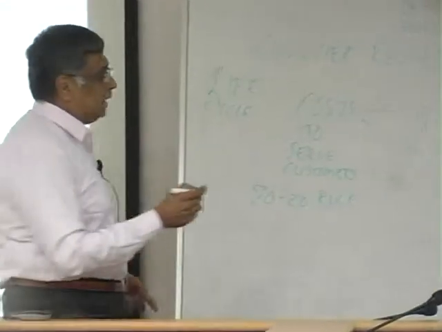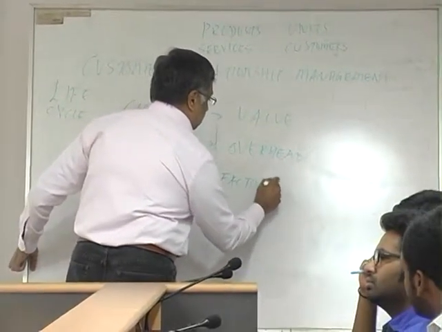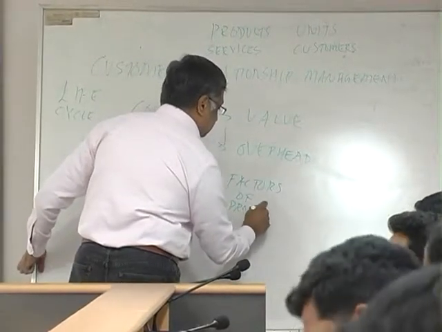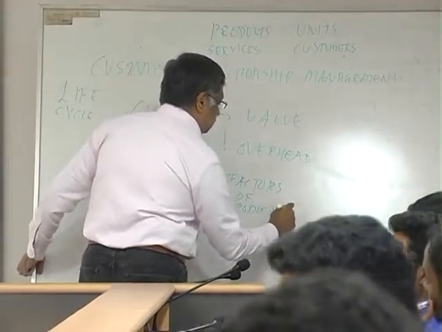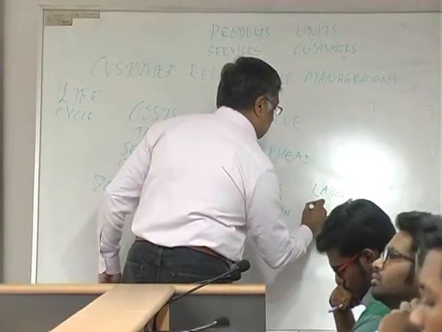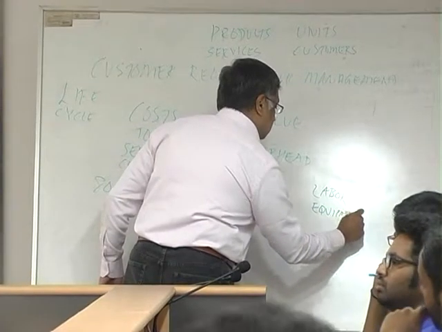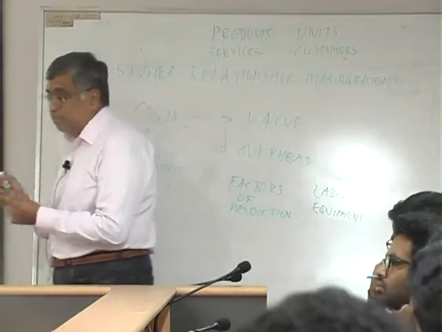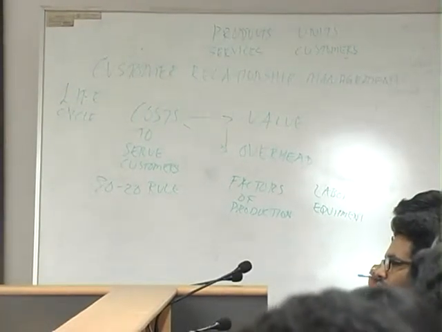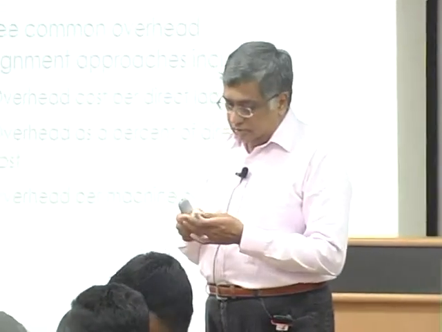So when we look at factors of production, obviously the most common one is labor or machine or equipment. So all those salaries and benefits and taxes and depreciation and all historically were absorbed as a proportion of labor or of, okay? Can you guess why?